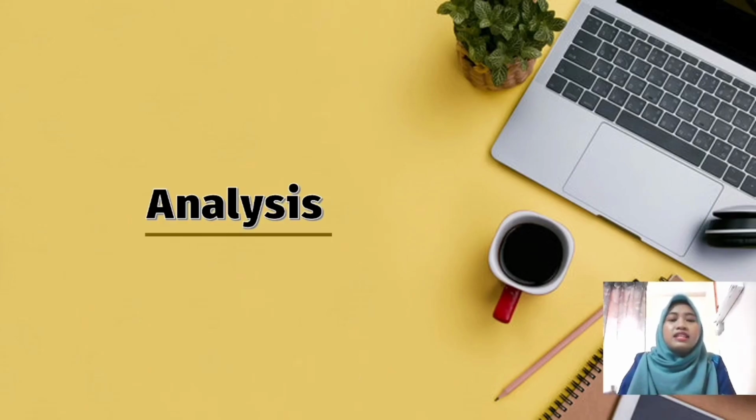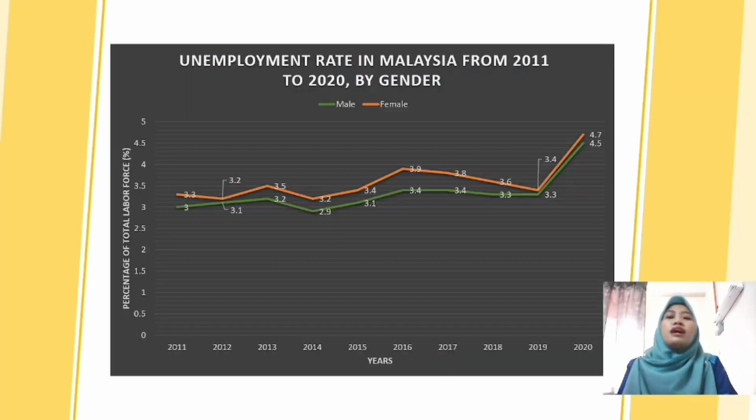Next is the analysis of the unemployment rate in Malaysia from 2011 to 2020 by gender. As you can see, in year 2011, the unemployment rate in Malaysia for male stood at 3.0%, while for female it is slightly higher than male with the value of 3.3%.